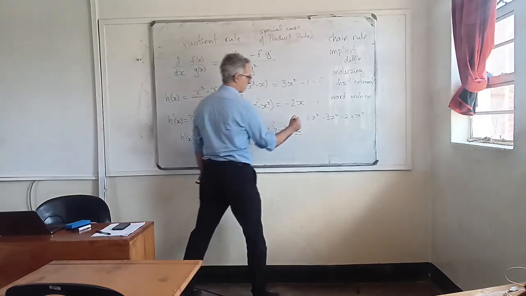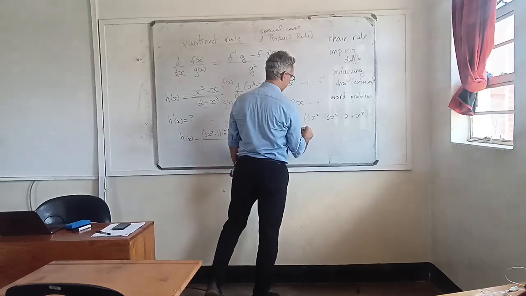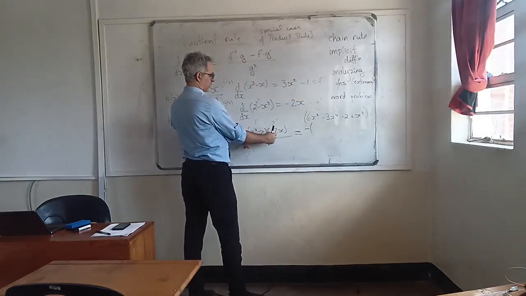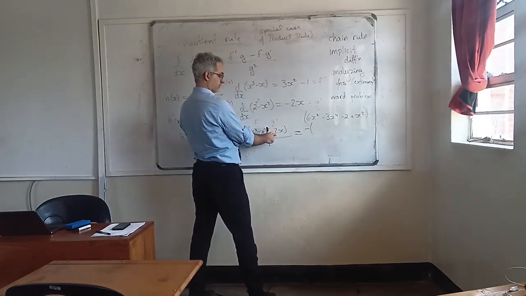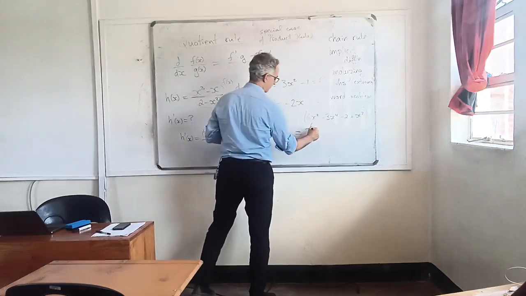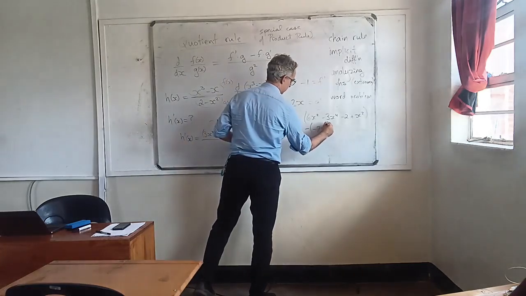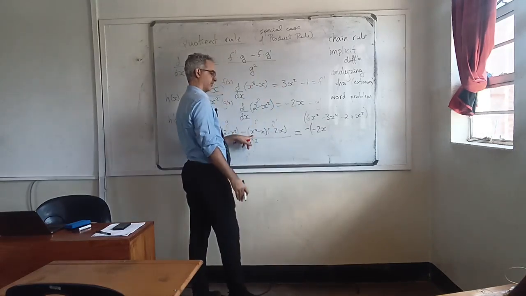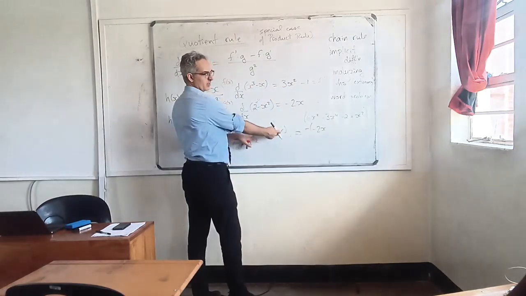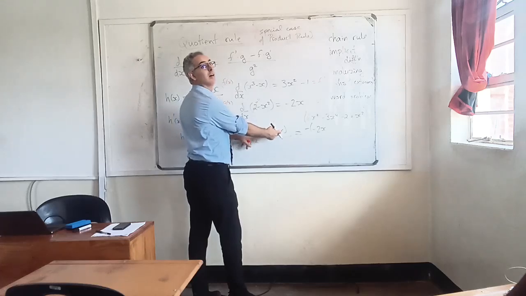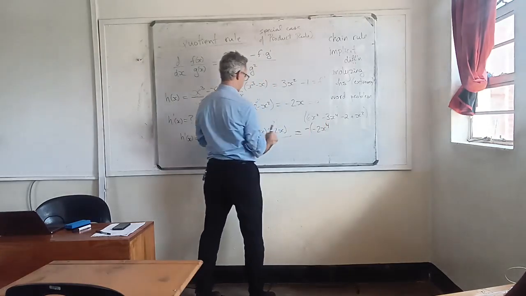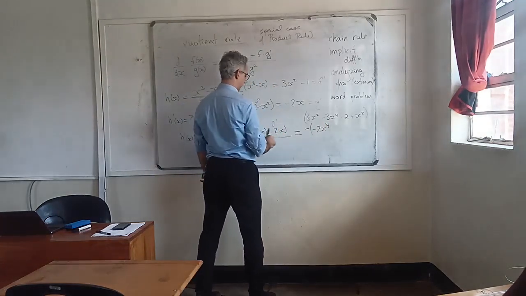Now we have minus. So we could put this in a bracket just to remember. Minus another bracket. X cubed times minus 2x. No, actually not x cubed. X cubed times minus 2x is minus 2x to the 4th. Right? The 3 and the 1 make 4.